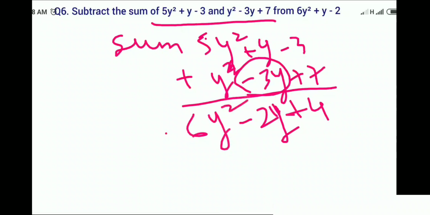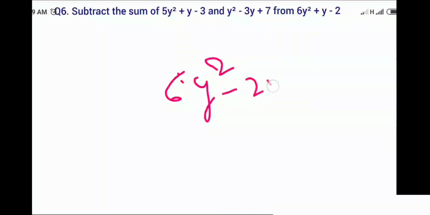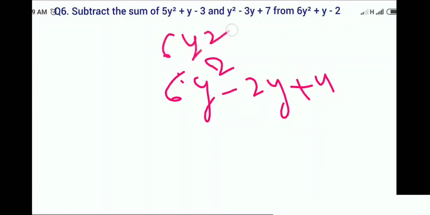6y square minus 2y plus 4 has to be subtracted from 6y square plus y minus 2.